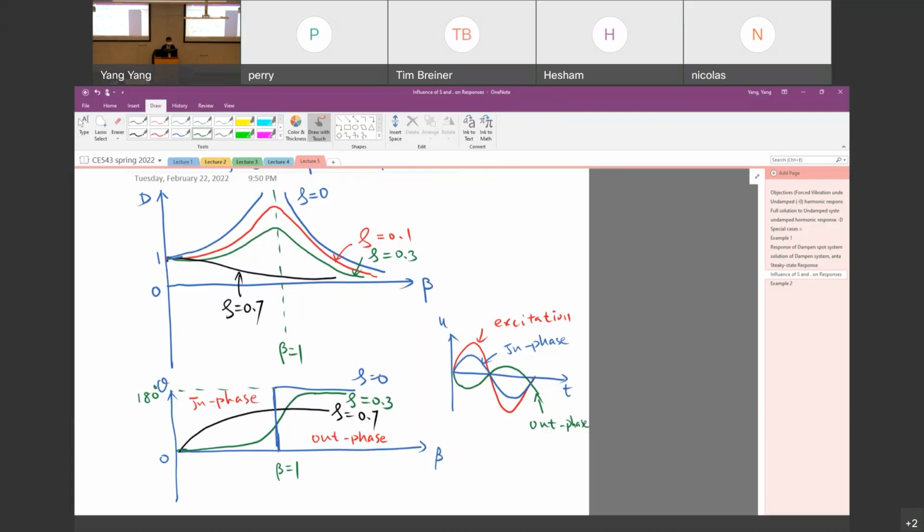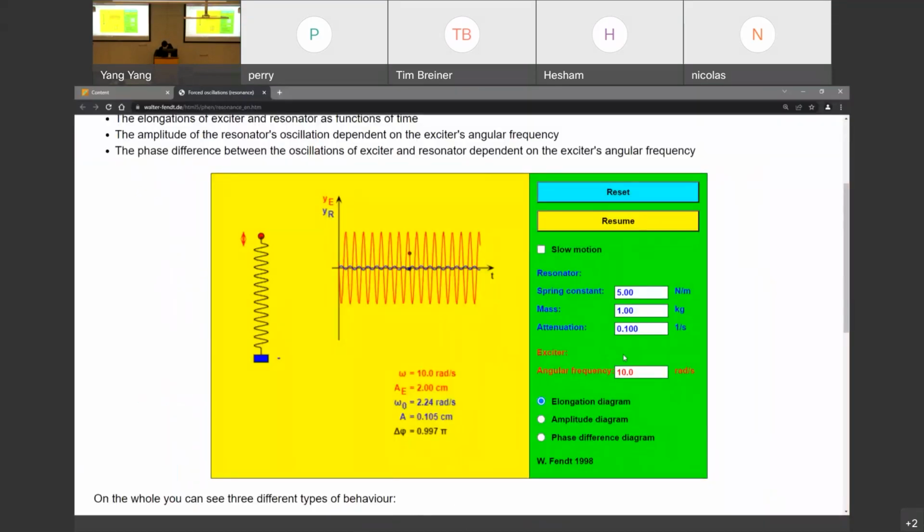The theta value tells us information about the direction of the response. For example, if the force is in one direction and this is an out-of-phase response, the response is in the opposite direction. Now we can try some.